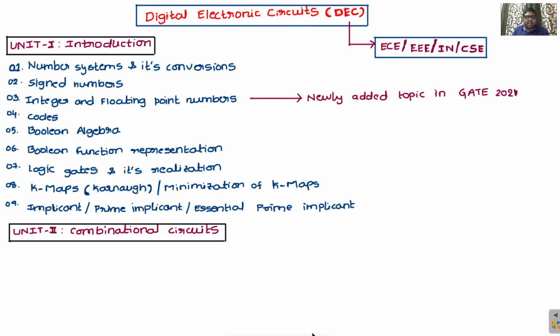Next, the second unit is combinational circuits. In these combinational circuits, the first topic is half adder and half subtractor.